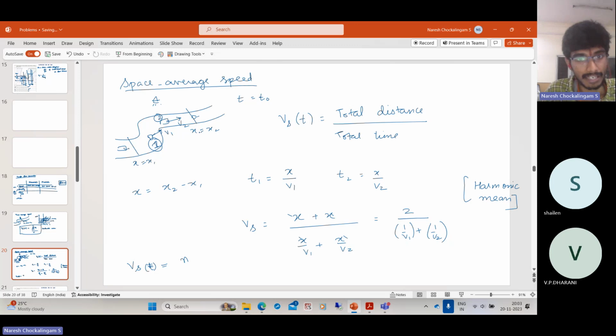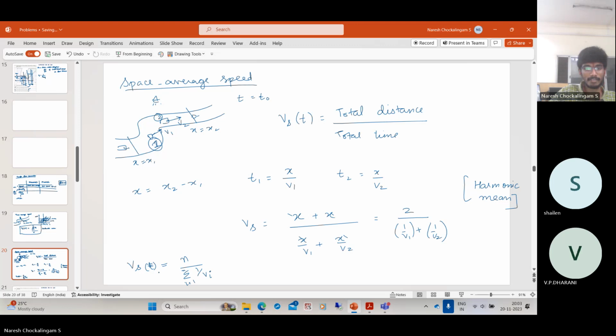You take x equal to x1 to x equal to x2, the number of vehicles in that road stretch, divided by, in place of t, you have n, and in this you have a summation 1 by vi, i going from 1 to n.